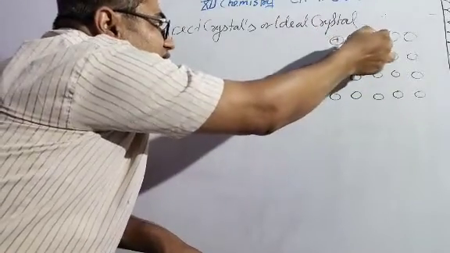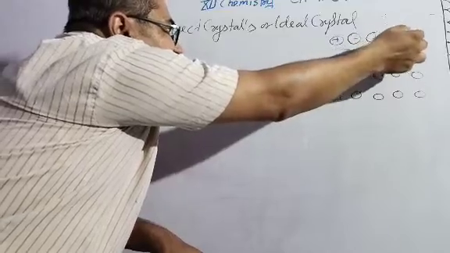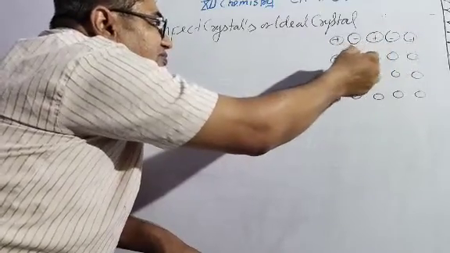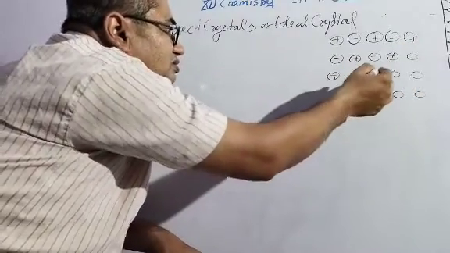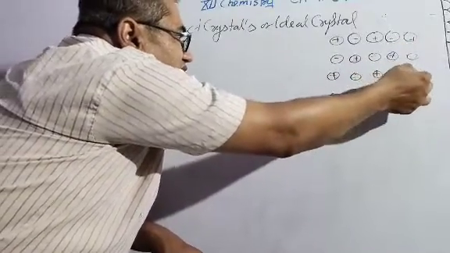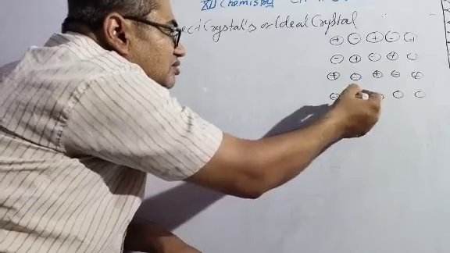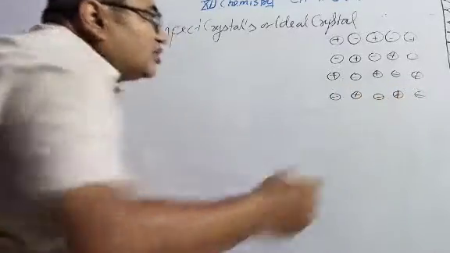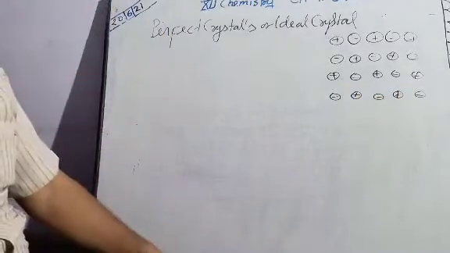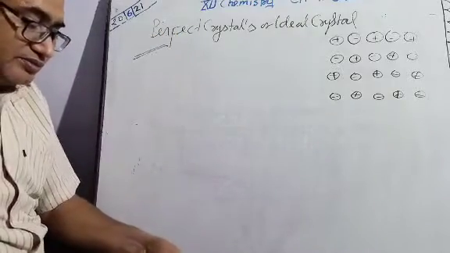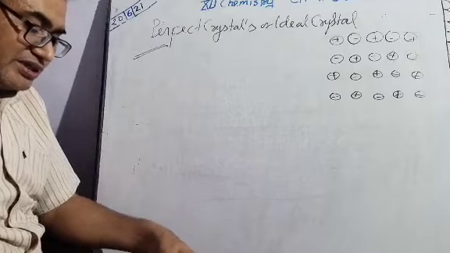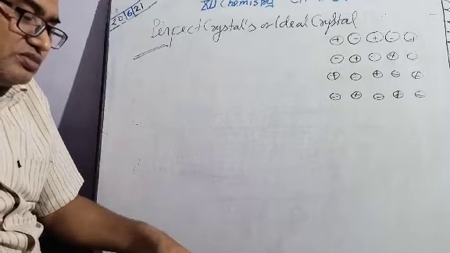We can show positive, negative, positive, negative. Okay, so this is the perfect crystal. Now another point, that is imperfection.